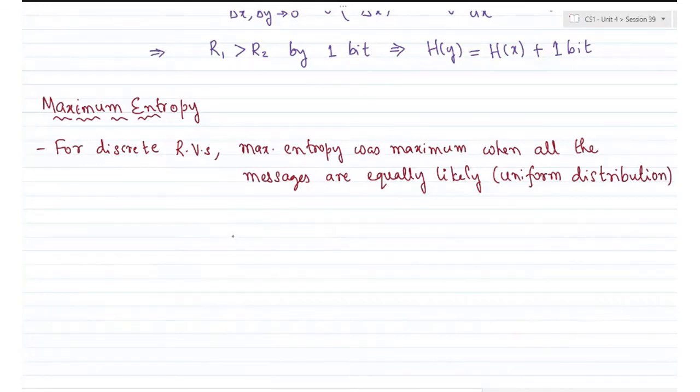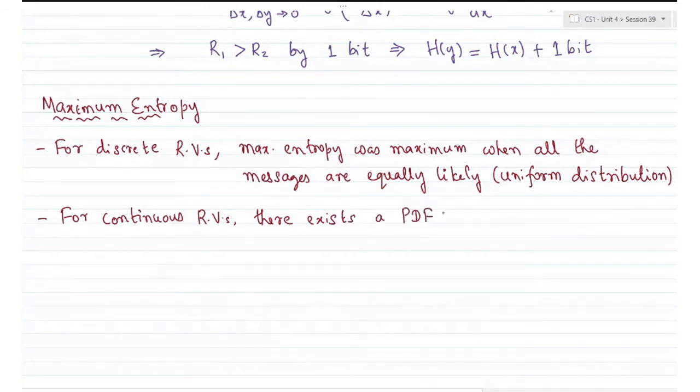Okay, so for continuous random variables, if we try to define maximum entropy, it's not a probability now, there exists a probability density function p of x that maximizes the entropy h of x.